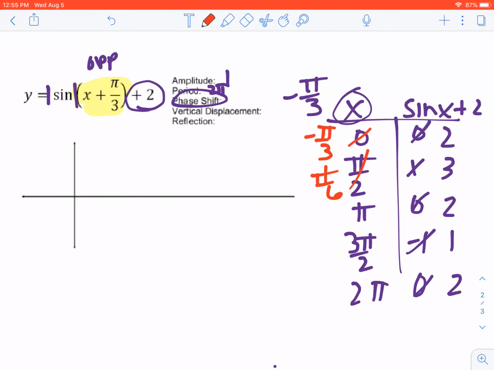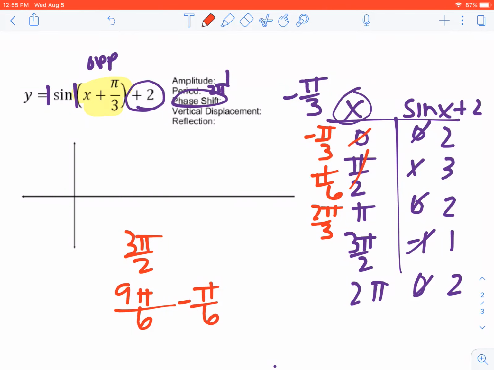It's pretty easy to subtract with pi because pi in terms of thirds is 3 pi over 3. So this is going to translate to 2 pi over 3. 3 pi over 2 in sixths becomes 9 pi over 6.